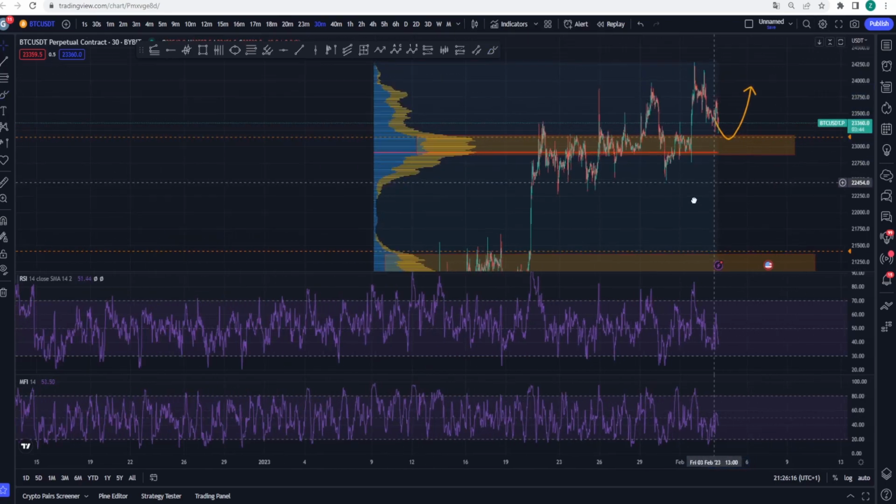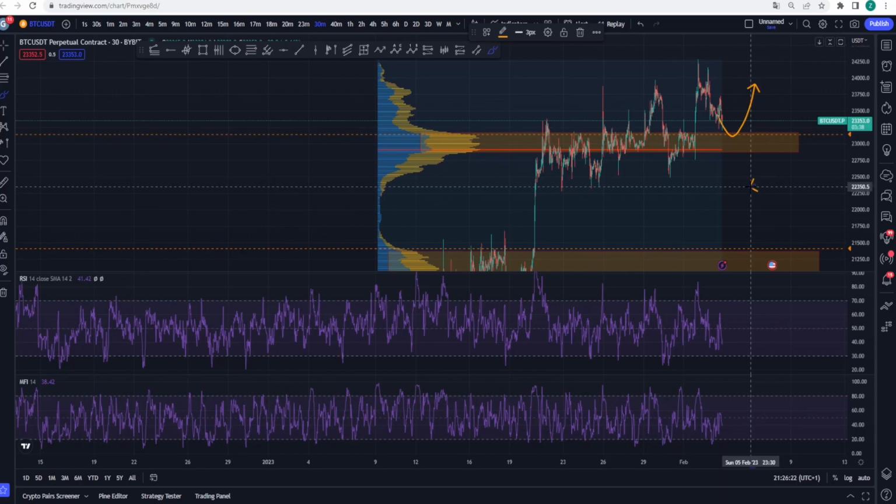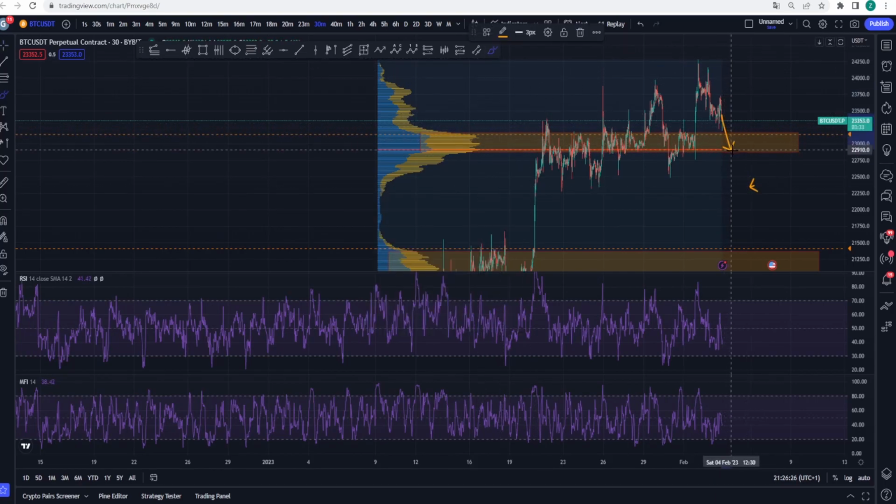Now, when do I basically stop my bot? Well, if we start going below this volume cluster, I will start being really careful. If we don't bounce very quickly, I will get out of my short, my long, sorry.